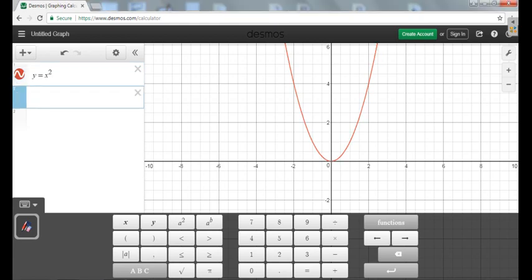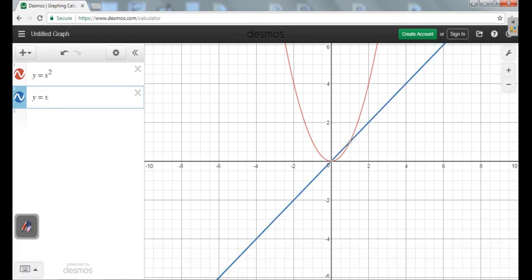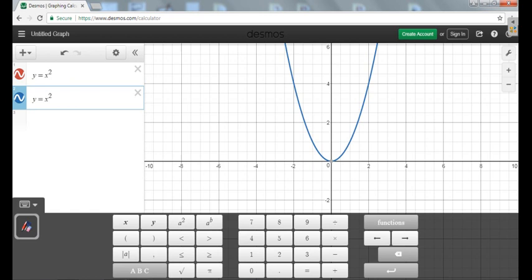So now I have y equals x squared and then plus 2. What do you guys notice? The vertex is not at 0, 0 anymore, it's at 0, 2. So what happened to the graph?